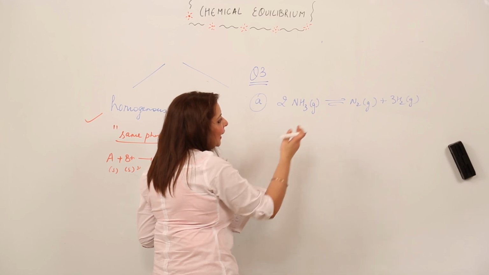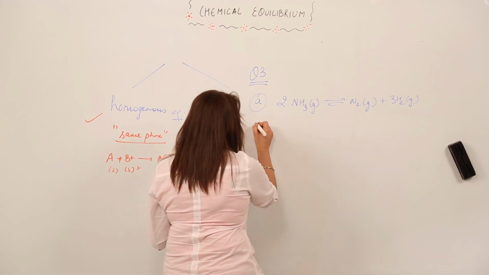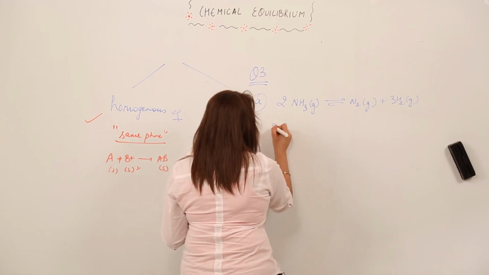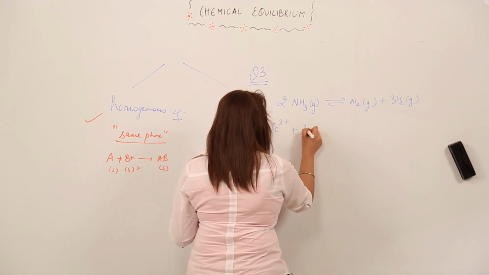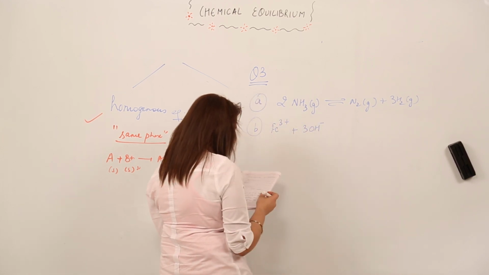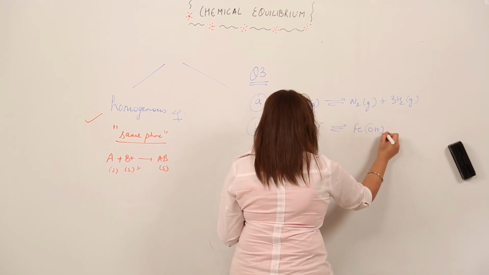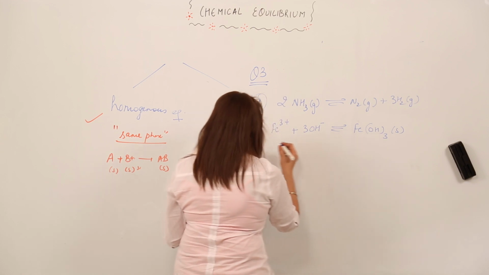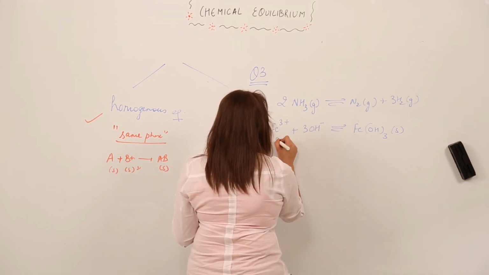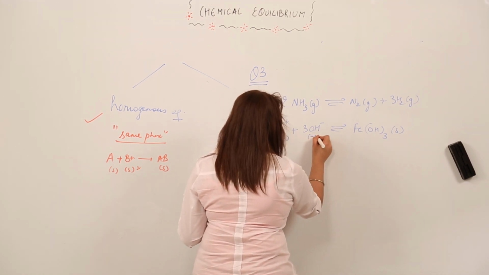2NH3 in gaseous form, N2 plus 3H2 again in gaseous form, right? The second equation we have is Fe3+ plus 3OH- forms Fe(OH)3 in solid form, right? And these are present in the aqueous state.